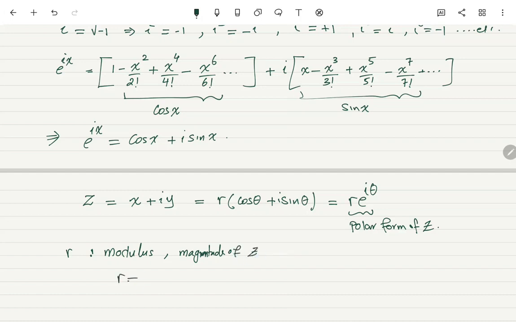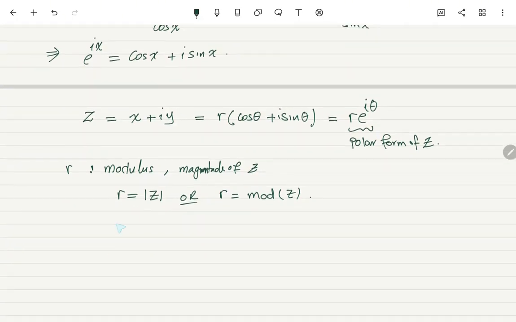So r equals the magnitude of z, or r equals the modulus of z. Theta is called argument or phase of z. So theta can be represented as the argument of z.